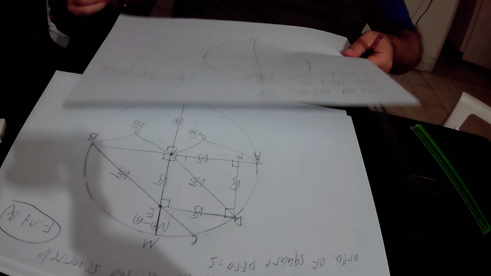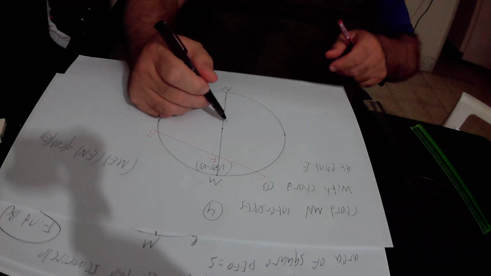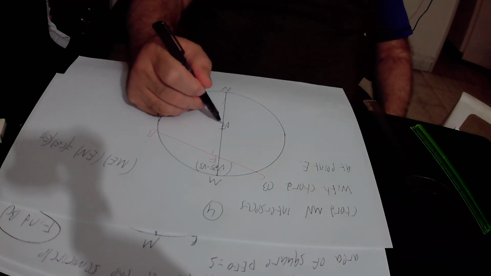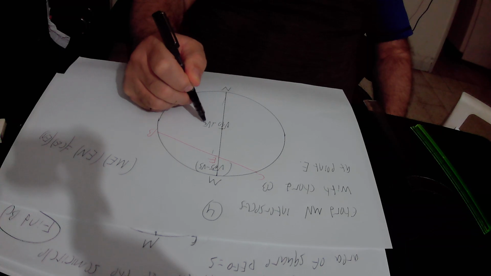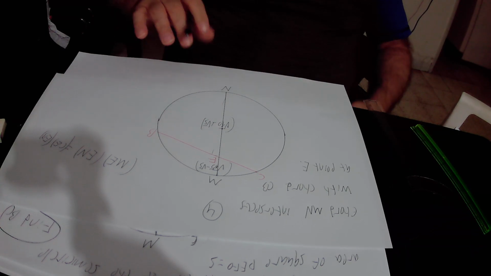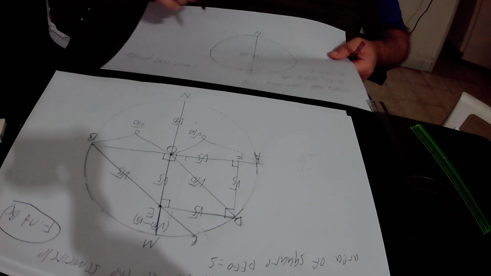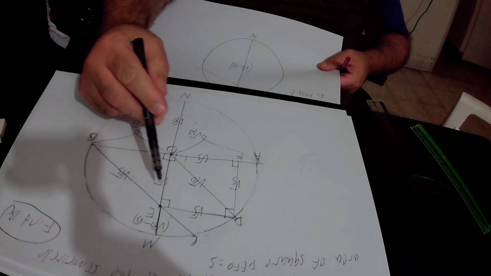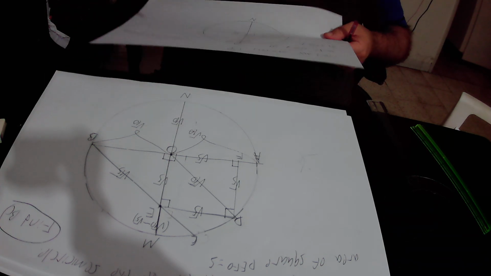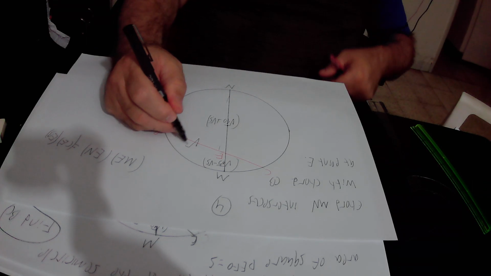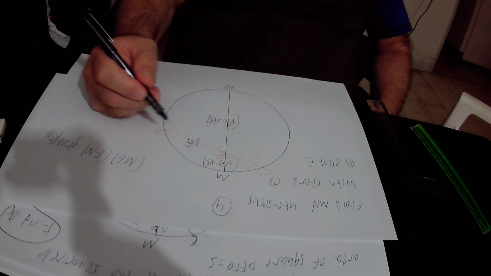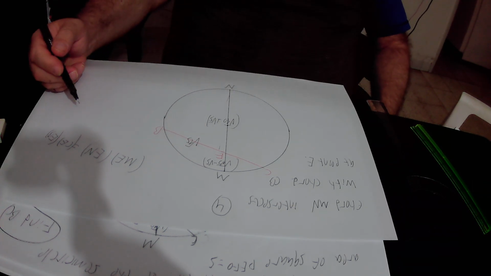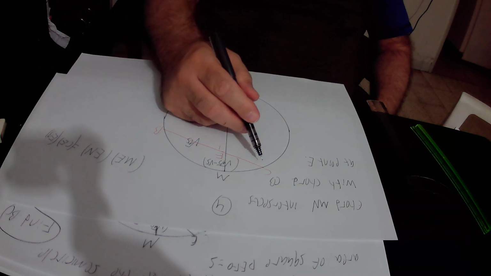In total, EN equals the square root of 10 plus square root of 5. And we have already found out that EB equals the square root of 15. Now we put the data inside the equation and we find out the missing chord CE.